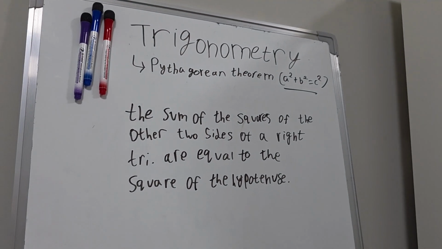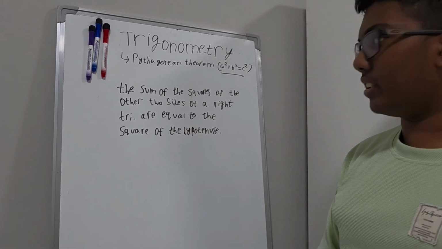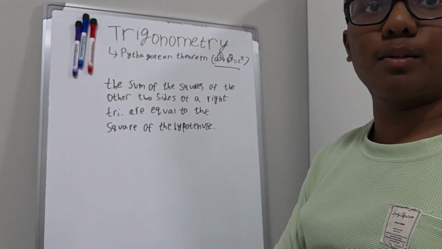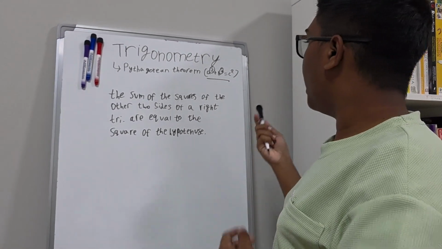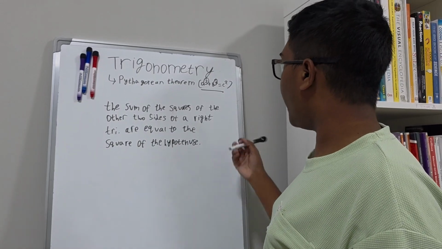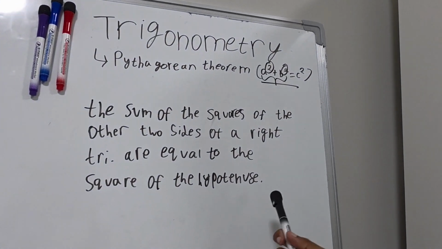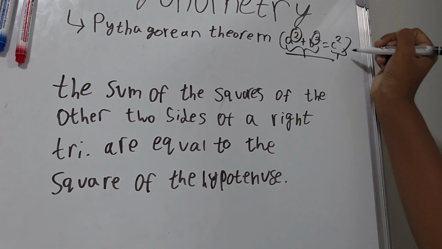For those who didn't get it, the sum of the squares of the other two sides, square means this symbol, which means multiply a number by itself, of the other two sides of a right triangle, that being A and B, are equal to the square of the hypotenuse, that being C squared.